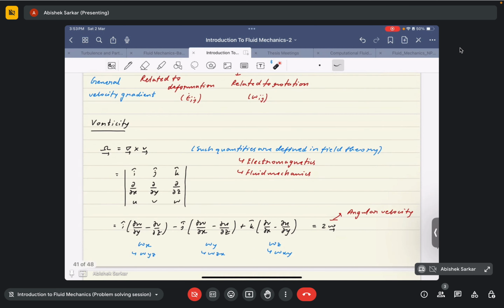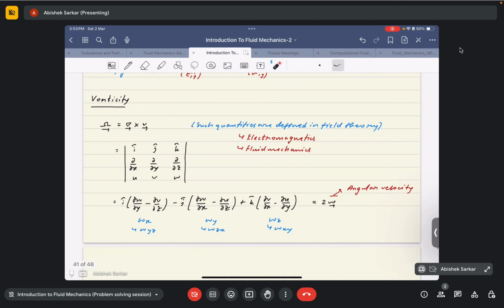So vorticity in the case of fluid mechanics is defined as the cross product of the Nabla operator with the velocity field, or the curl of the velocity field, which, if we write down the expression, is given by this, where all these terms explicitly denote the magnitude of the vorticity along the particular coordinate direction.